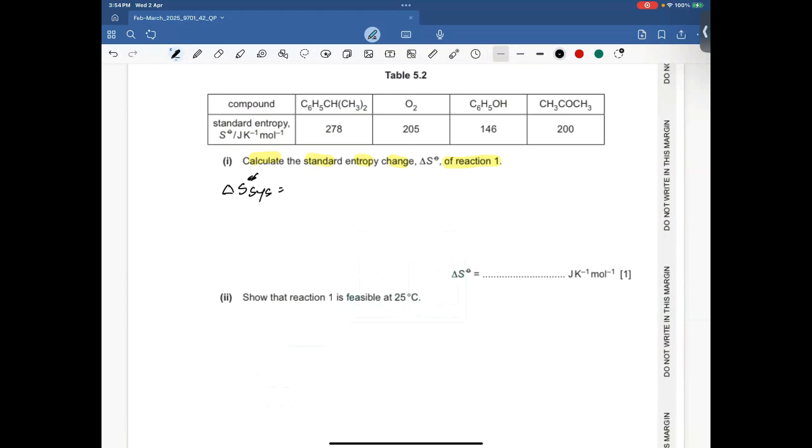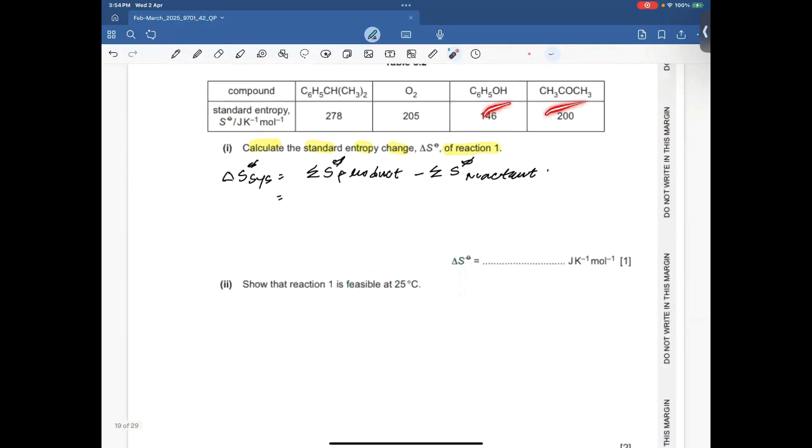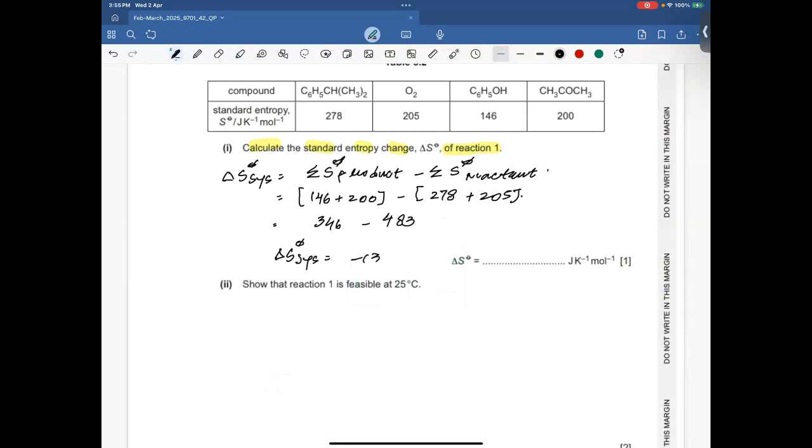Standard entropy change of system equals to summation of standard entropy of product minus summation of standard entropy of reactant. तो प्रोडक्ट आपके पास है फिनोल एंड प्रोपेनॉन, ठीक है। तो ये आपके रिएक्टेंट हैं, ओ सॉरी ये आपके प्रोडक्ट हैं, ये आपके रिएक्टेंट हैं। सो प्रोडक्ट में वैल्यूज प्लग इन कर लेते हैं, 146 प्लस 200, रिएक्टेंट में आपके पास है 278 प्लस 205, तो ये हो जाएगा आपके पास 346 माइनस 483. Standard entropy change of system is going to be minus 137.